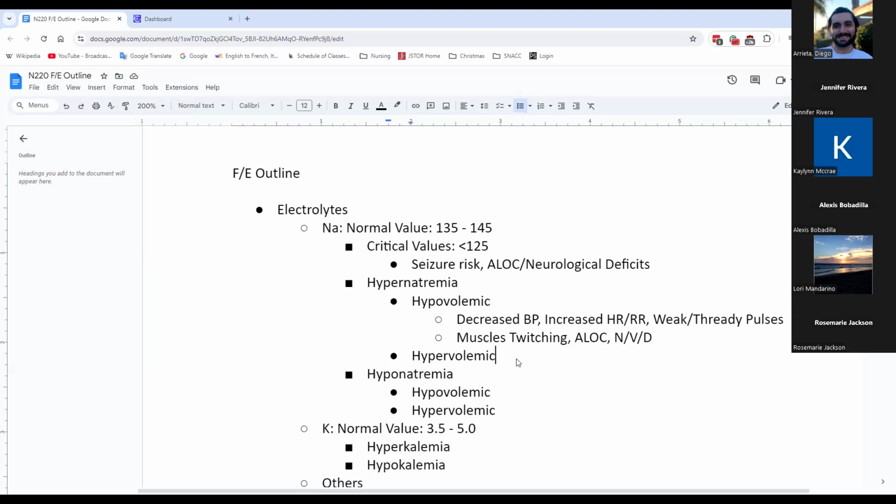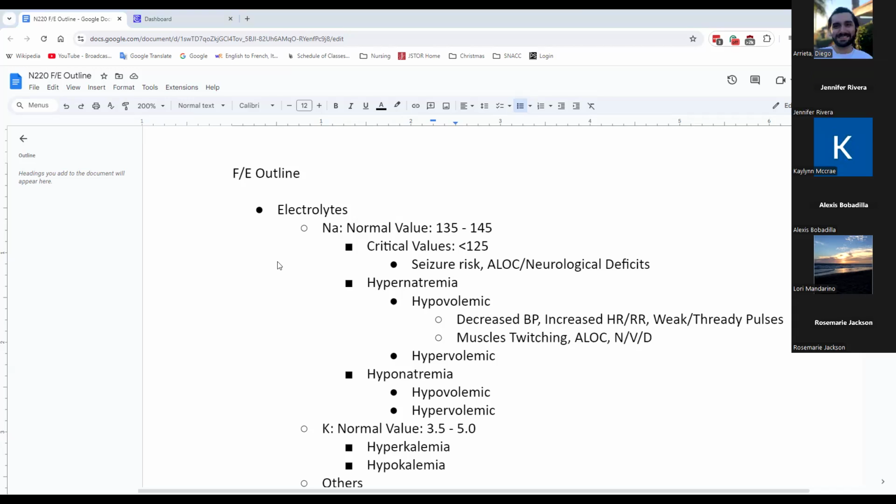Muscle weakness, yeah. Muscle weakness I think is a little bit more with the potassium ones, but with hypernatremia we think a little bit more about muscle twitching, muscle cramping. You can have some weakness as well, but I think it's a little bit more associated with twitching.